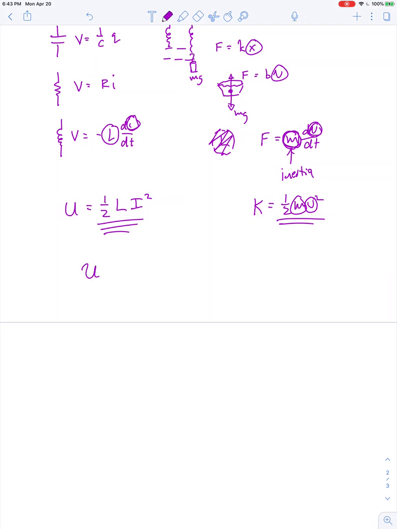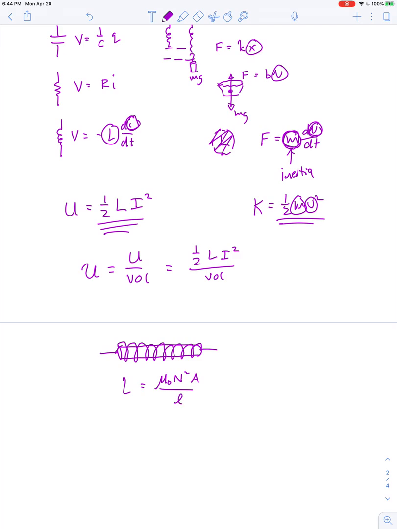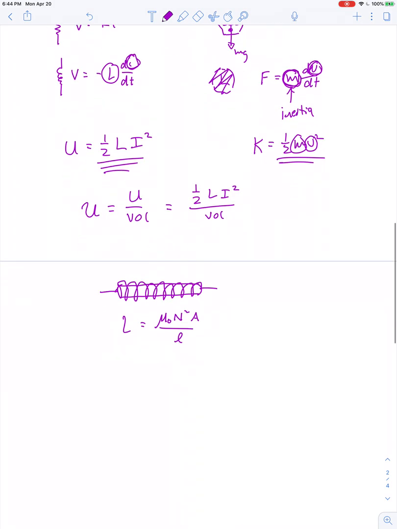Well, once again, energy density is energy per unit volume. So it's 1/2 Li squared divided by volume. And let's try to figure this out for a solenoid. In a previous lesson, we found that the inductance of a solenoid is equal to mu naught n squared A over L. So let's make that substitution.